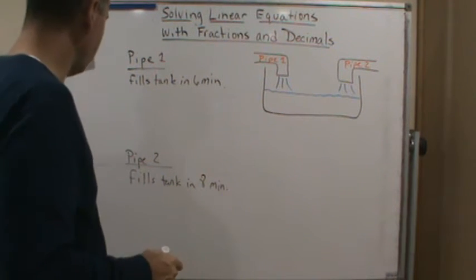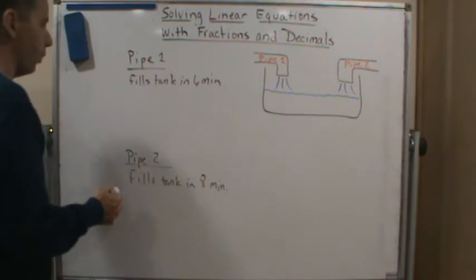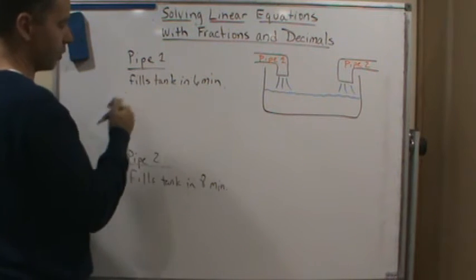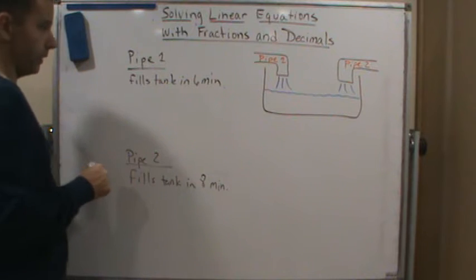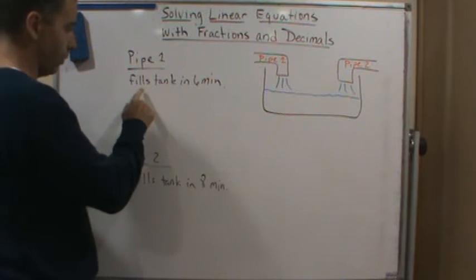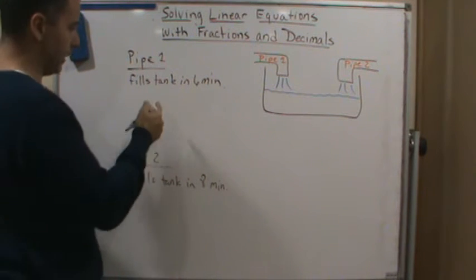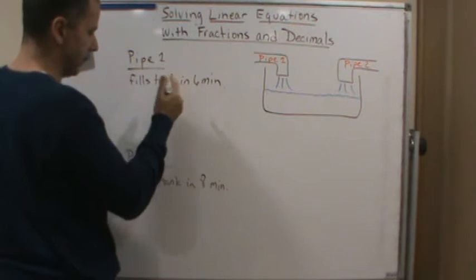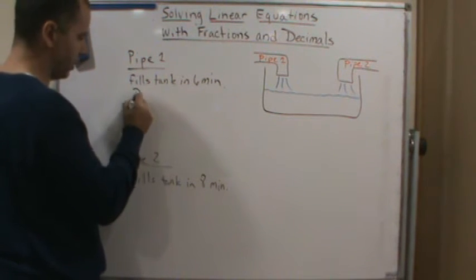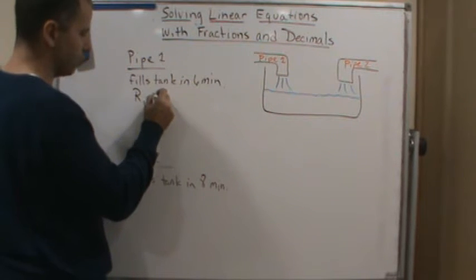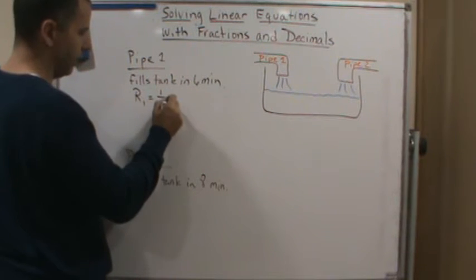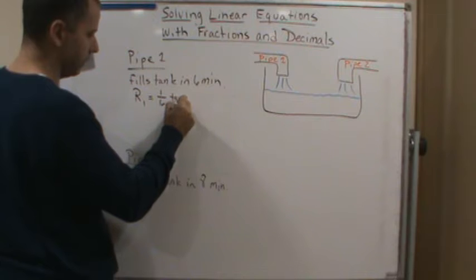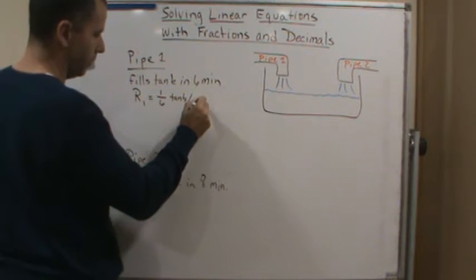Okay, so what do we know? Well, what's the rate? They give us the rate, or we can easily find the rate because pipe 1 can fill one tank in 6 minutes. So its rate, I'll call it rate 1, is 1/6 of the tank per minute.